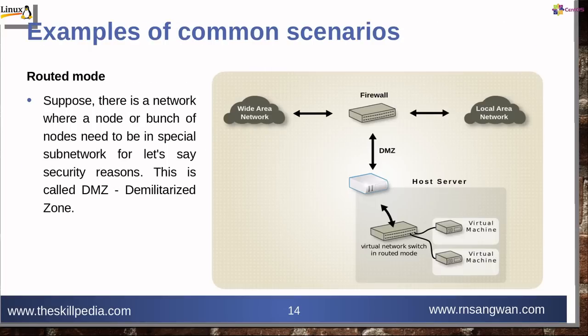Examples of common scenarios. Now, the routed mode use case. Suppose there is a network where a node or a bunch of nodes needs to be in a special subnet or subnetwork for, let's say, security regions. This is called a DMZ or demilitarized zone, where the virtual machines will be able to talk to each other, and this host machine, the physical machine, will be able to connect through the firewall with the wide area network or internet through the demilitarized zone.